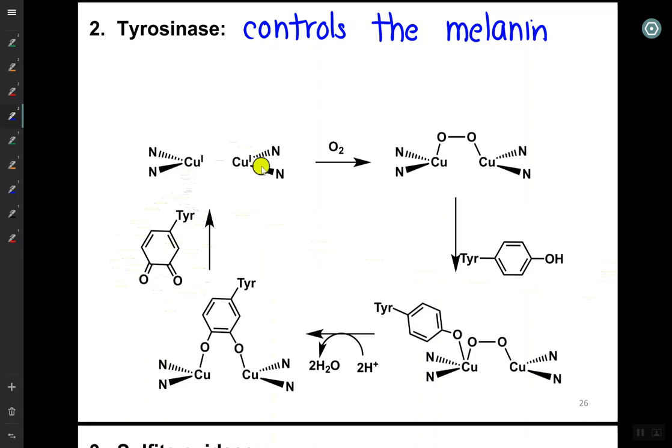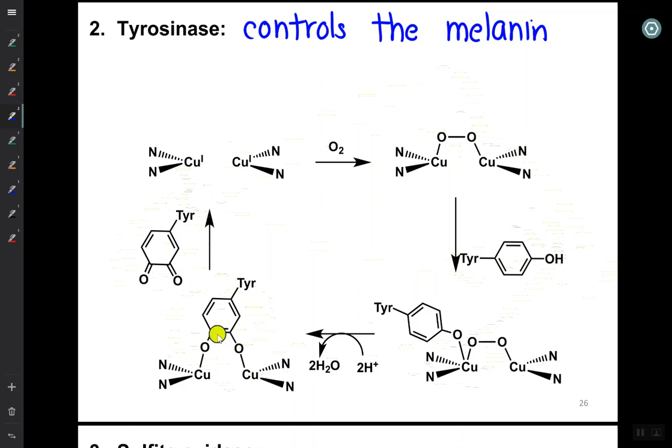copper 1, it binds O2, but instead of releasing O2 like the hemocyanin, it actually further coordinates to the tyrosine molecule, because you've got a nucleophilic group here that can bind to copper. And then in this very critical step here, the O2 molecule is broken and one of the oxygen atoms is transferred to this benzene molecule, so you end up with what we call the catechol molecule.